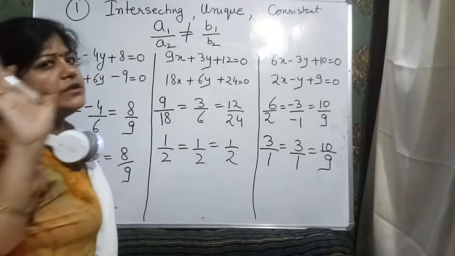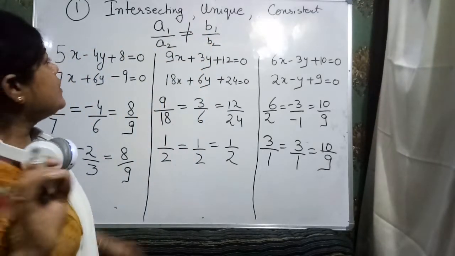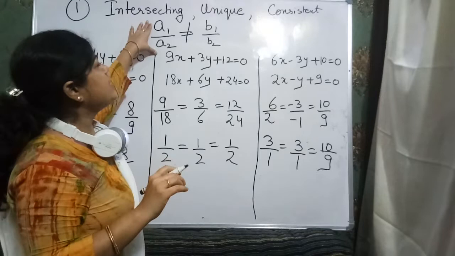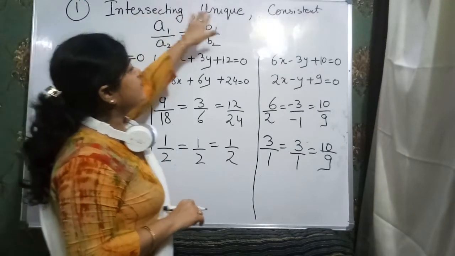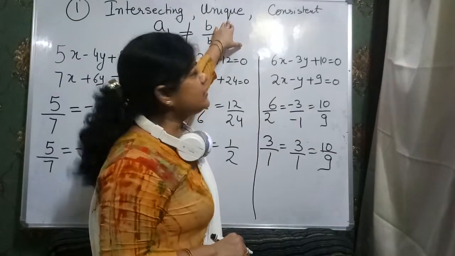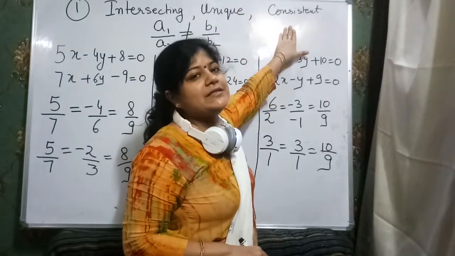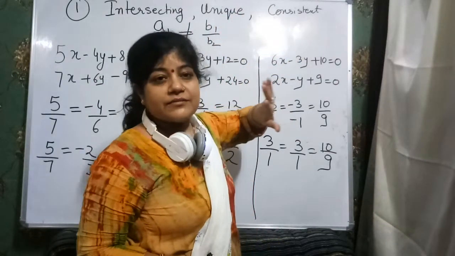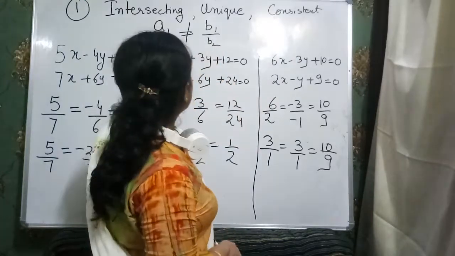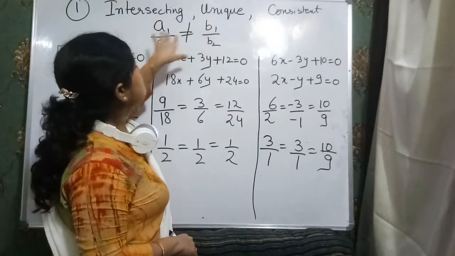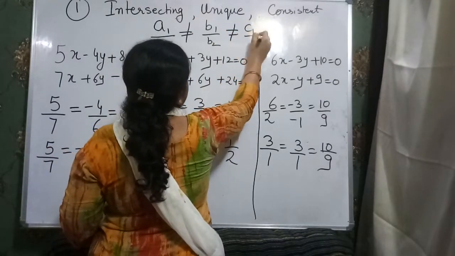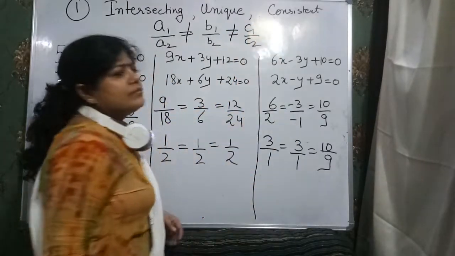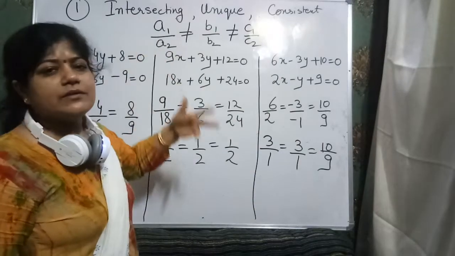Just watch only this one. If any equation satisfies this property, the two lines are intersecting, they have a unique solution and they are consistent. It is also not equal to this, but you can consider only one.